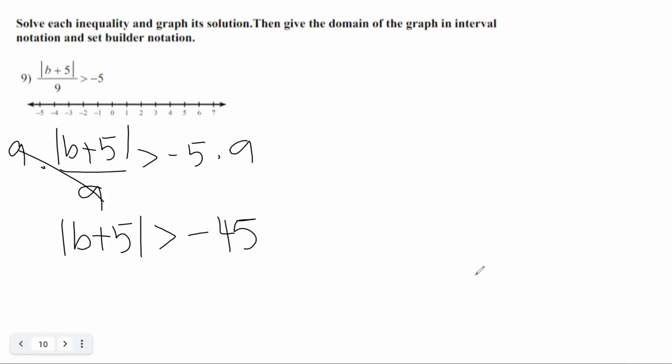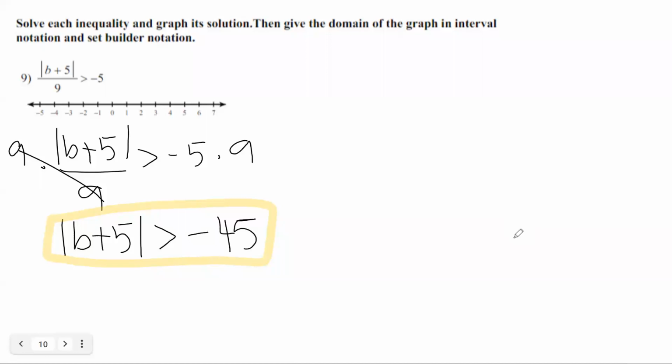All right. So remember, it cannot equal a negative number once we get to this spot right here. We cannot equal it, but this one just says it's bigger than -45. This one just says it's larger than. So we do need to check.